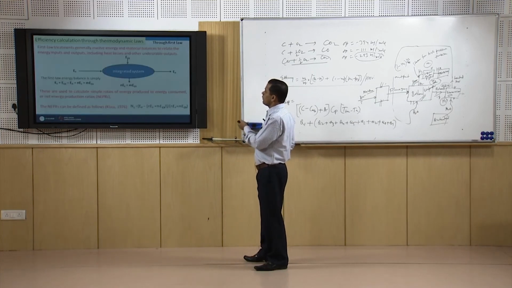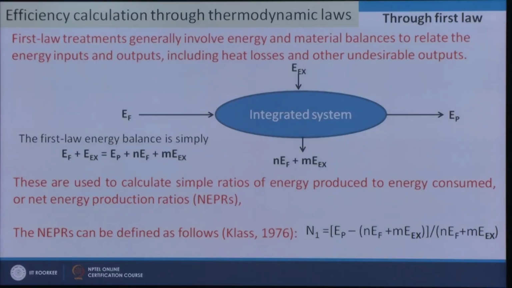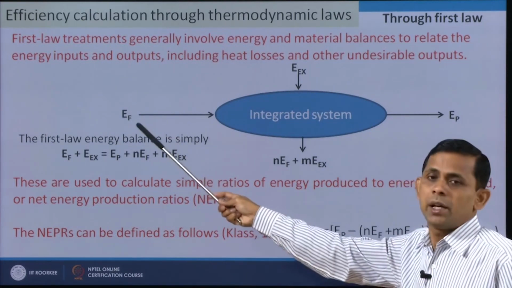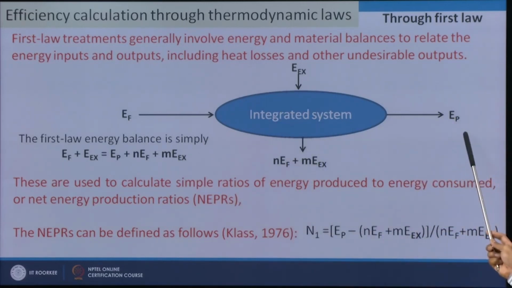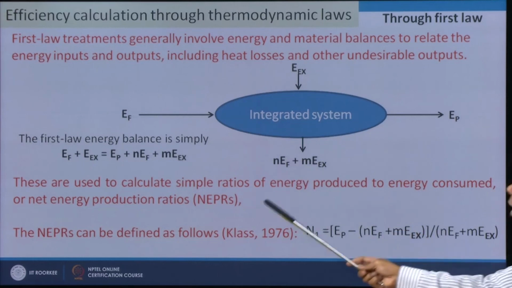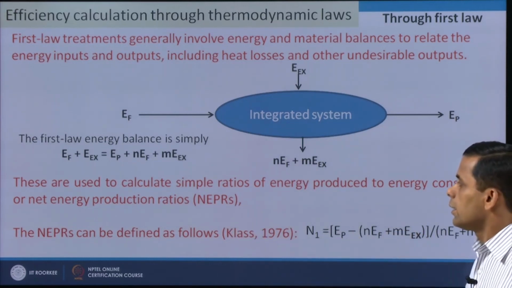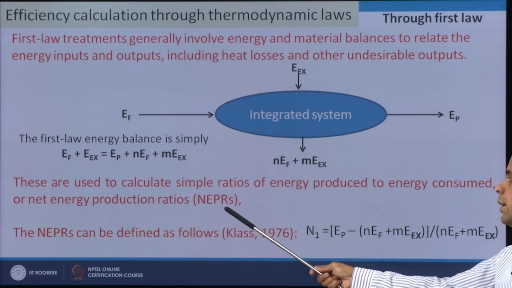These are the thermodynamic laws which can be used to understand the efficiency. For example, in this process, if we use EF, the energy of the feed, Ex, the external energy, and we get product energy EP, then one parameter has been considered, that is NEPR, the net energy production rate.